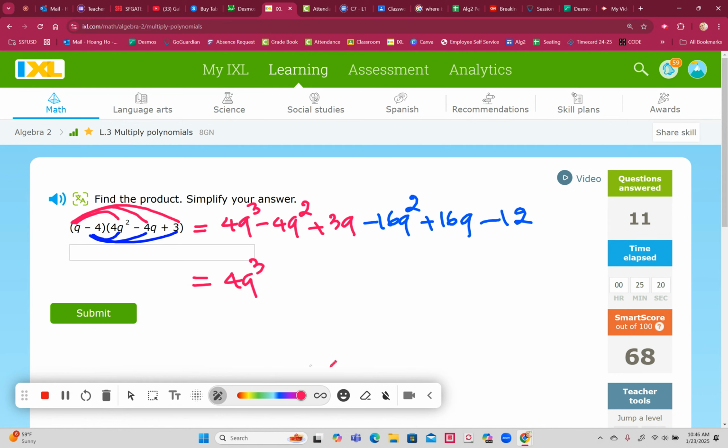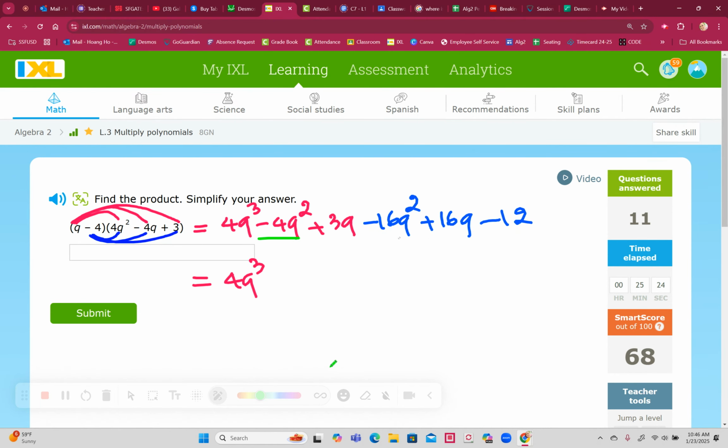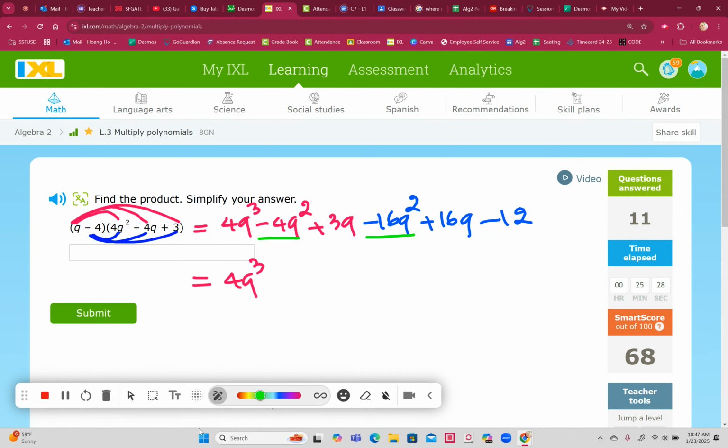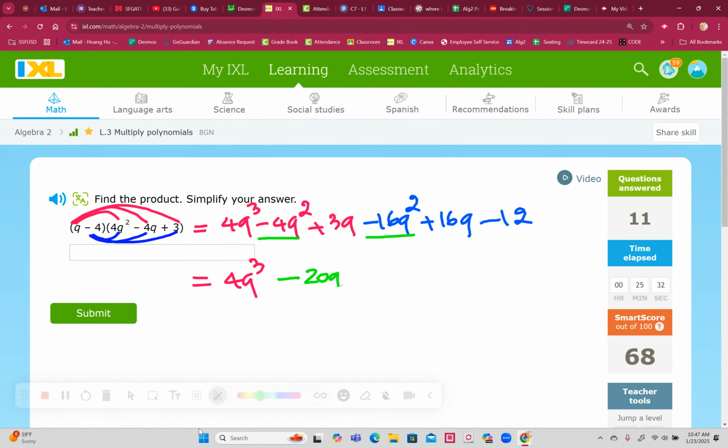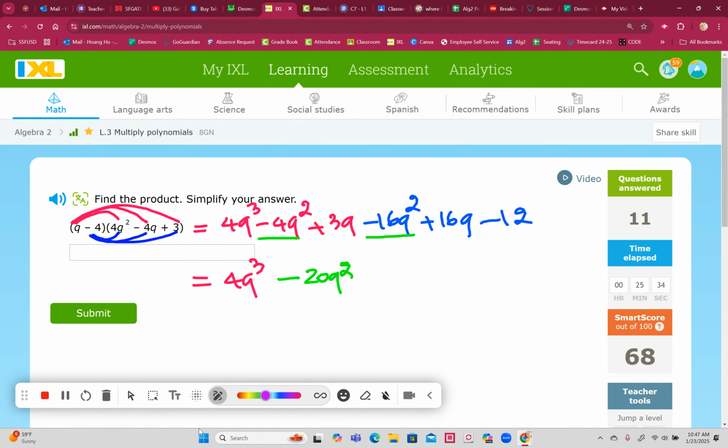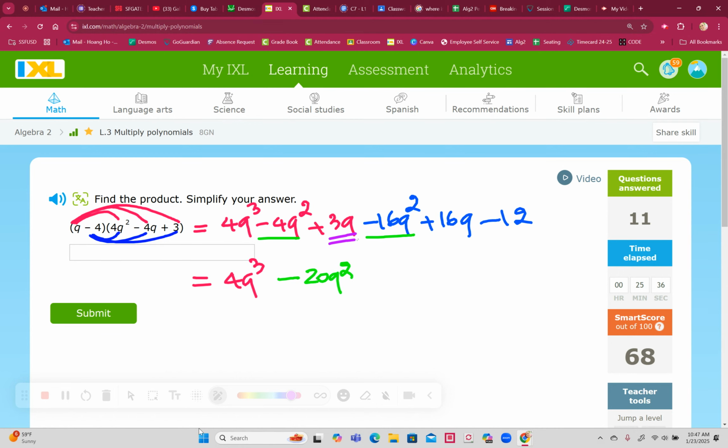4q cubed, you cannot combine with anything. Negative 4q squared and subtract 16q squared, you can combine them together. It should come out as subtract 20q squared. And then 3q with 16q, that would be 19q.